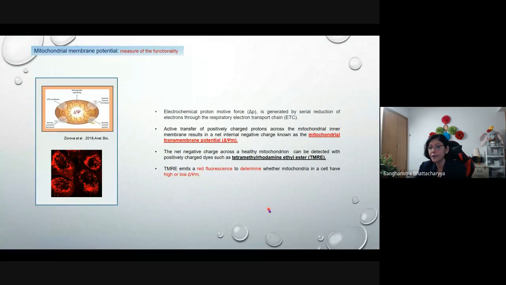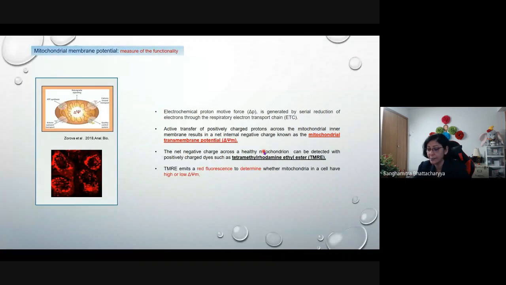In the electron transport chain, if you remember, there are reactions which get generated continuously, leading to proton electrochemical gradient potential. Now, the active transfer of the positively charged protons generated in the inner mitochondrial membrane results in a net internal negative charge, and this is known as the mitochondrial membrane potential.